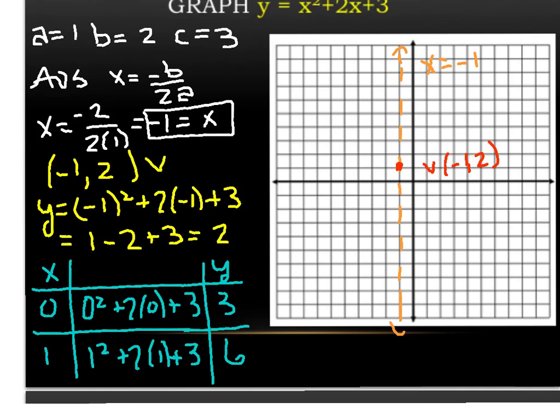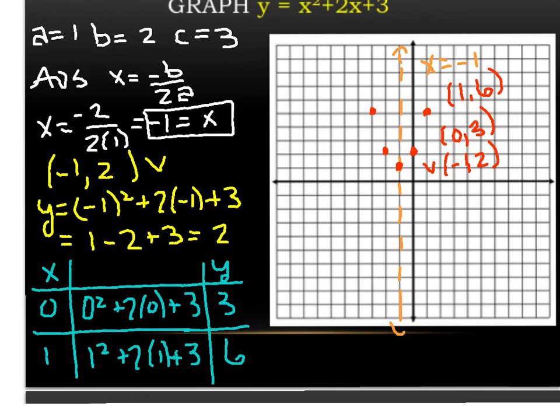So go ahead and graph those guys. (0, 3). And then I have (1, 6). Now remember, I have the reflection of those points across my AOS. So altogether I have my 5 points.